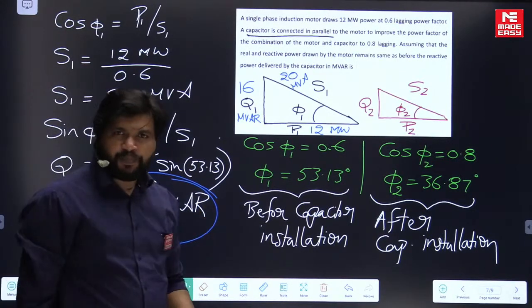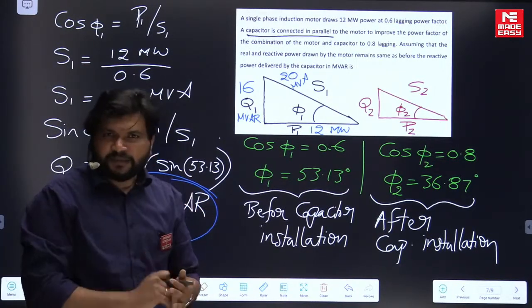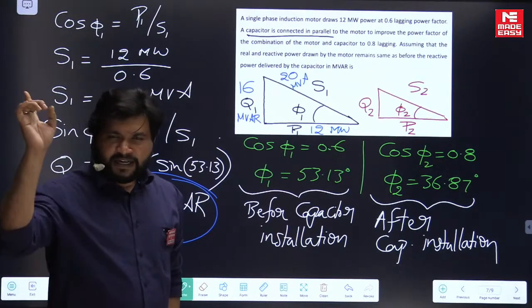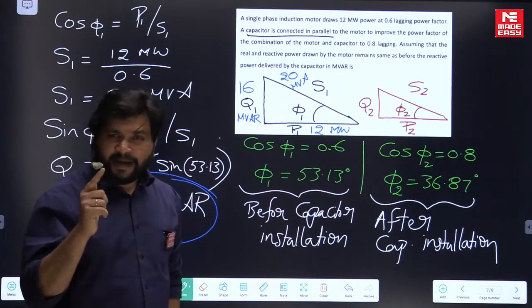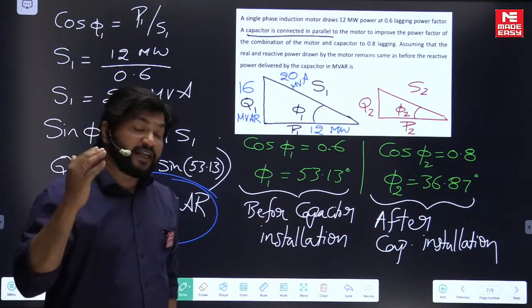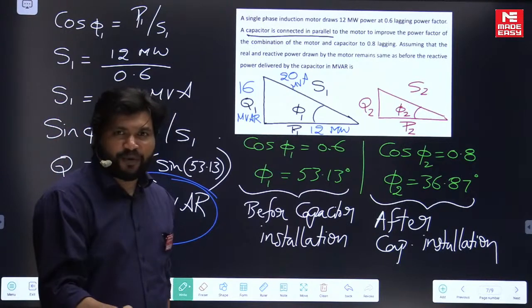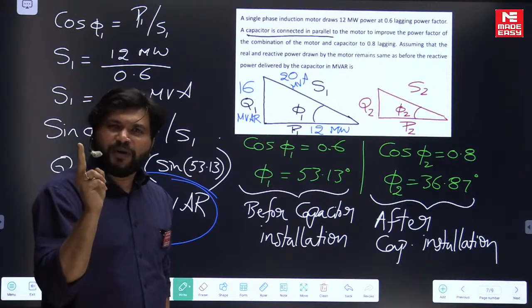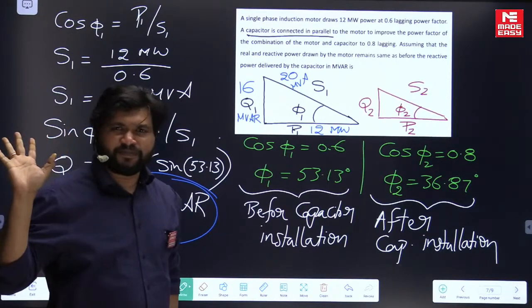Second logic is, by installing a shunt capacitor, what you are doing is simply, the induction motor is drawing lagging current, the capacitor is drawing leading current, so the leading component compensates the lagging component finally, and the net current, the vector sum of these two, will definitely be nearer to V. That's one logic.